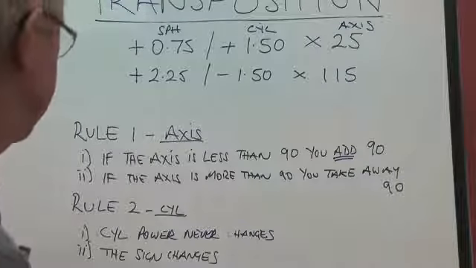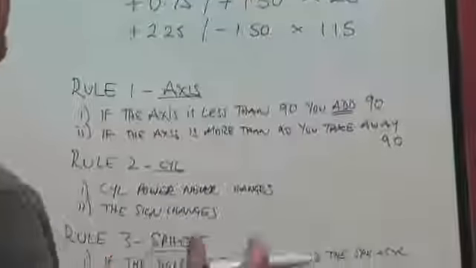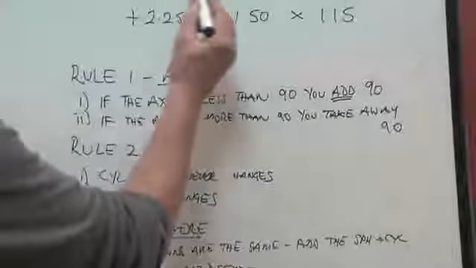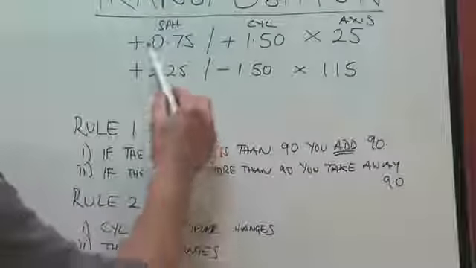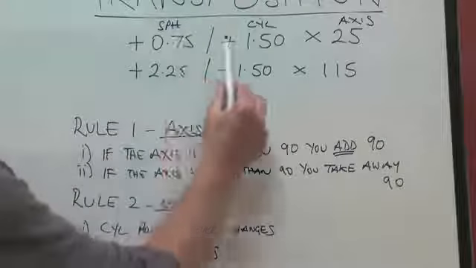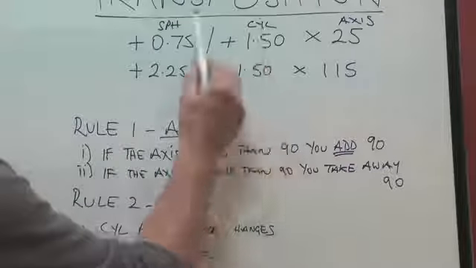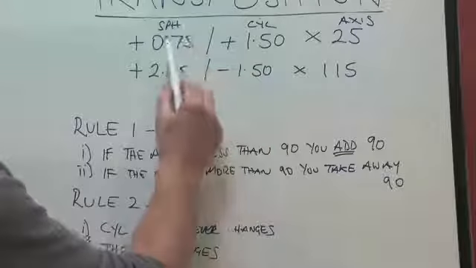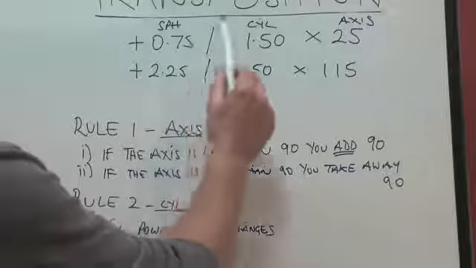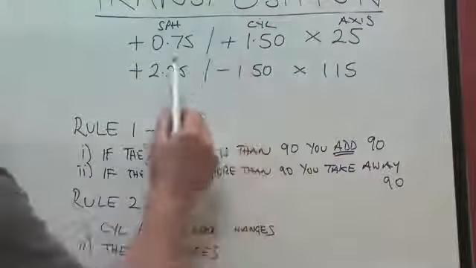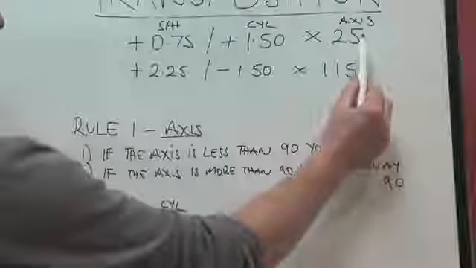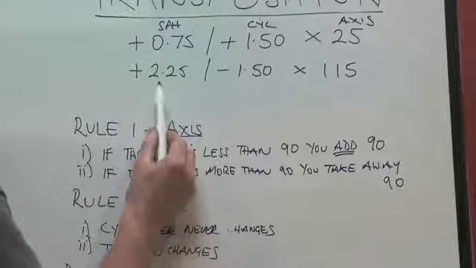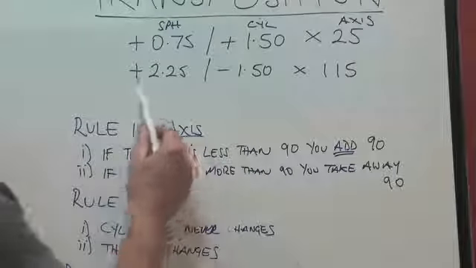If the signs are the same, in order to get the new sphere power when you transpose it, you add the two numbers together. So you've got 0.75 plus 1.50, which is equal to 2.25. So when you transpose this one, you end up with a sphere power of plus 2.25.